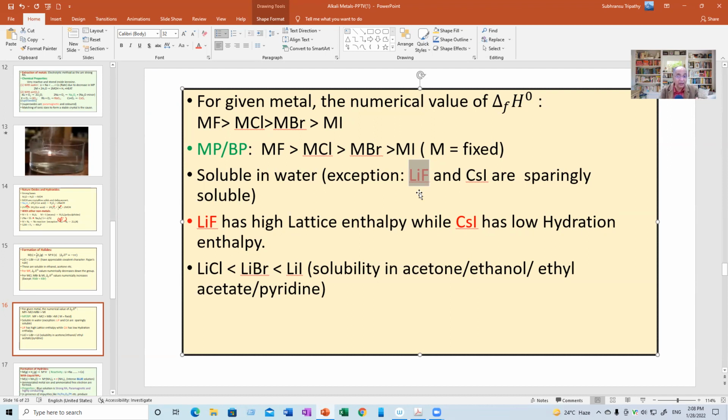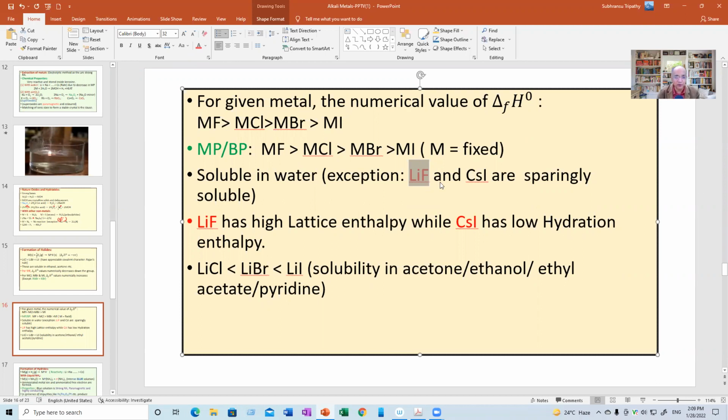But if you find that lithium fluoride is not soluble, the so-called insoluble, actually we call it sparingly soluble, because we'll study in our ionic equilibrium chapter the heterogeneous equilibrium.